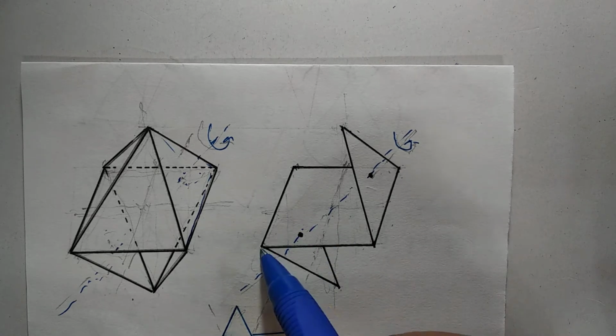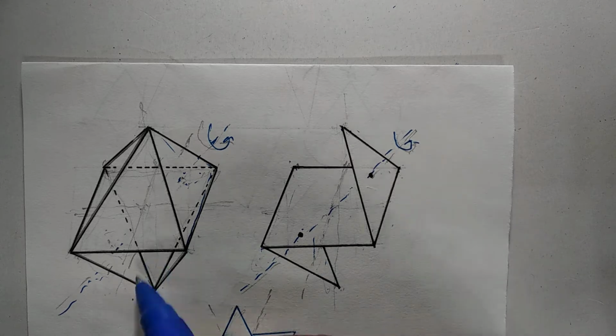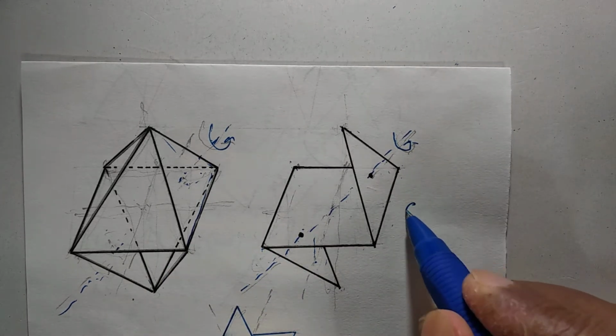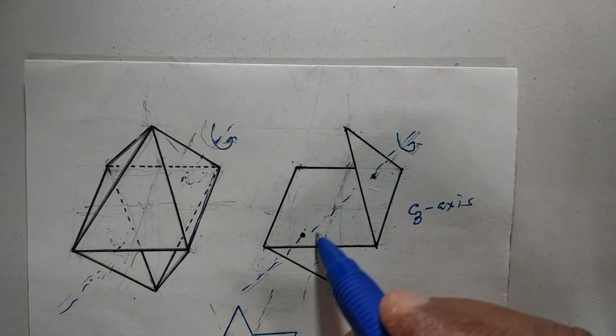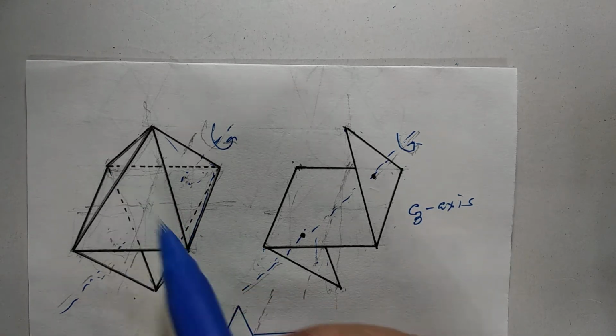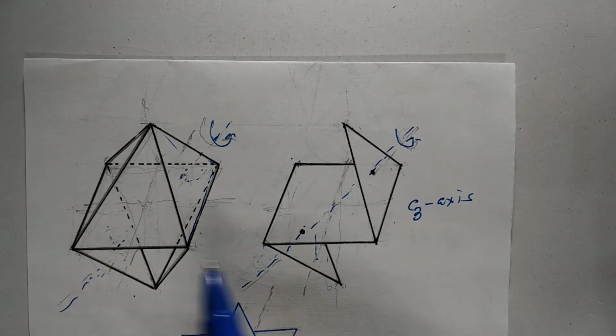Similarly, these 3 vertices will exchange their positions, but the face will remain there. So this is a threefold rotation axis, C3 axis. There is a C3 axis here. Similarly, taking any pair of opposite faces, you can imagine a C3 axis. There are 4 C3 axes in a pure octahedron.